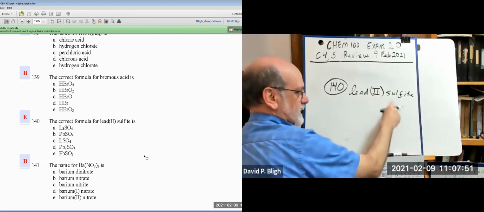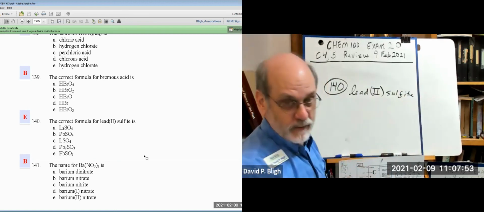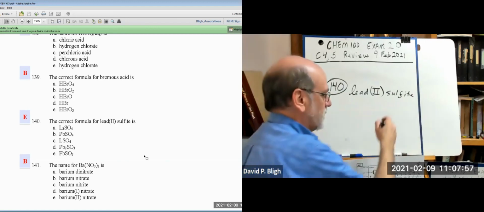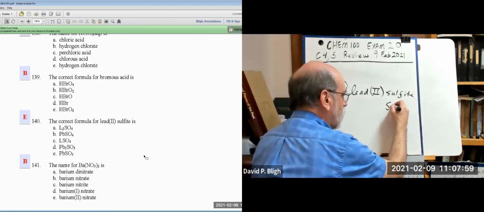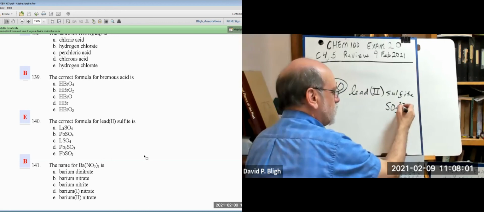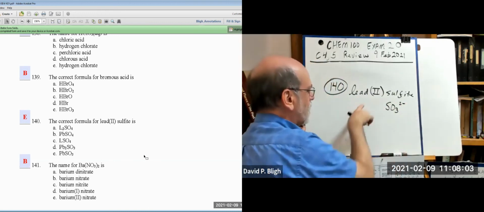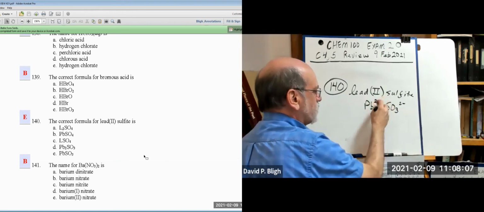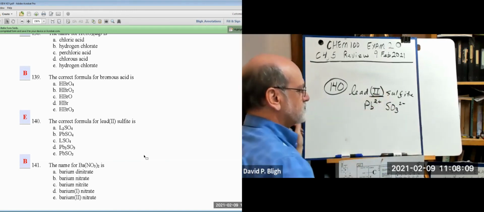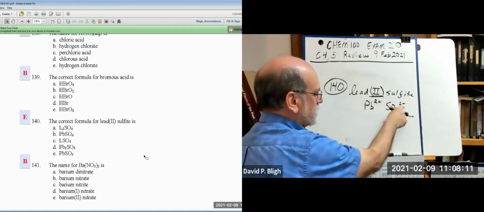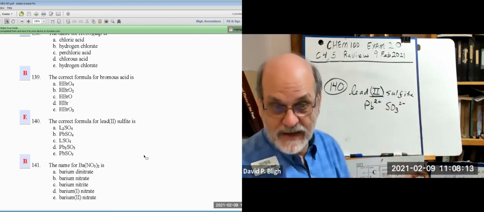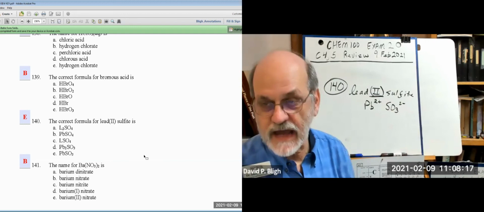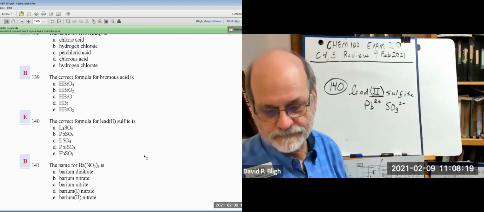All right, that should be a giveaway. It's a polyatomic ion. So you can look it up in your chart and you find that it's SO3, 2-. Lead has a 2+ charge because of that. So 2+ and 2-, PbSO3, that's it. That's why the answer is E for this one.